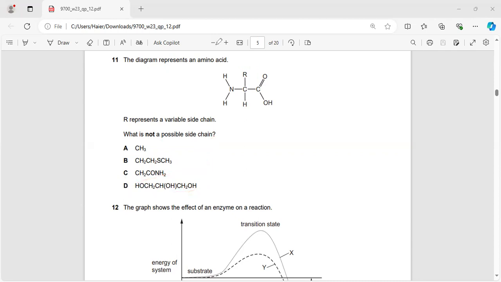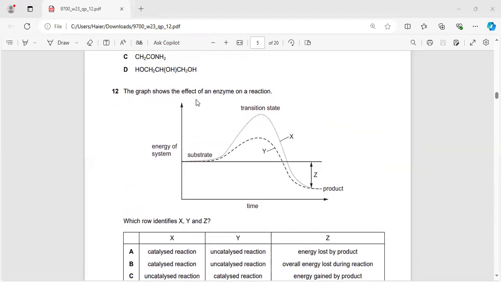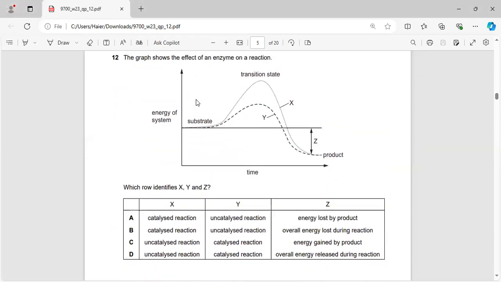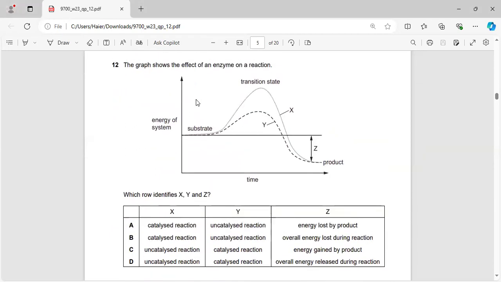Question number 12. Question number 12 is, the graph shows the effect of an enzyme on a reaction. And here in this case, you have two chains: energy of the system, substrate.